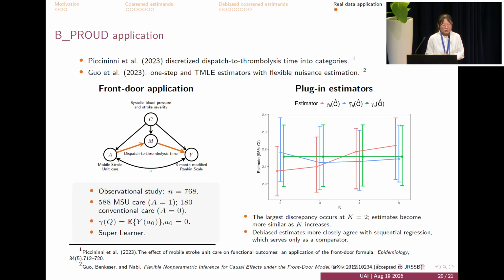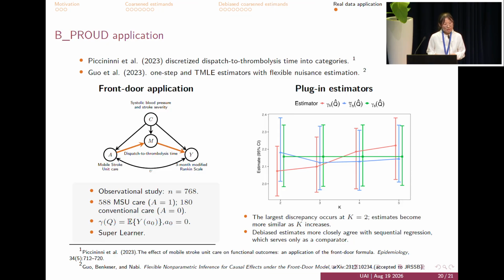Finally, let's look at the real data application. Here, our data is based on the FAST-MAG trial. We just want to check the effects of the mobile stroke unit on the third month mRS score. Here, people have used this data in an application work. They directly discretize the continuous mediator. And also, the following paper has tried the one-step estimator and the TMLE estimator.